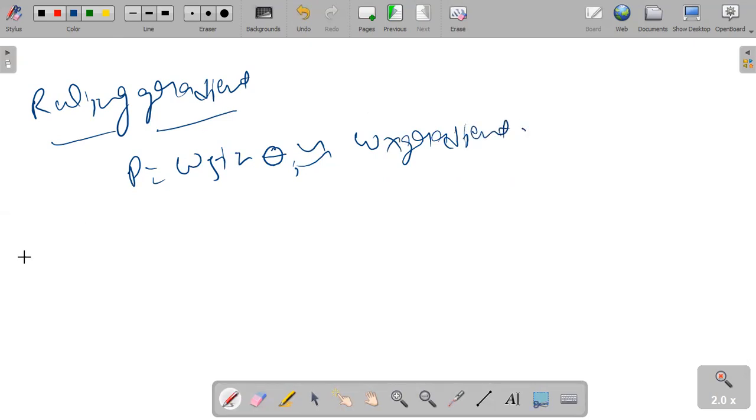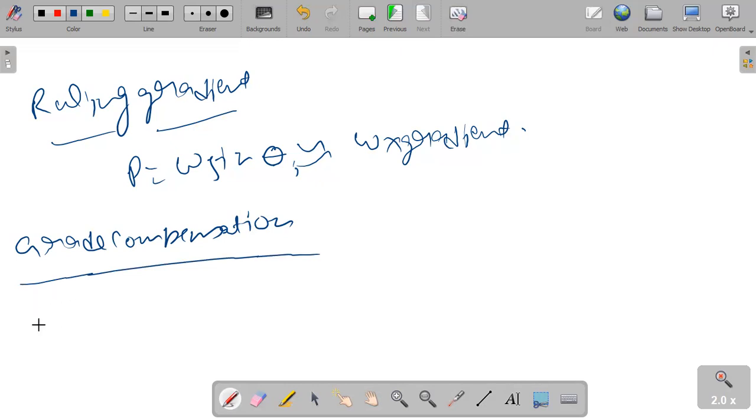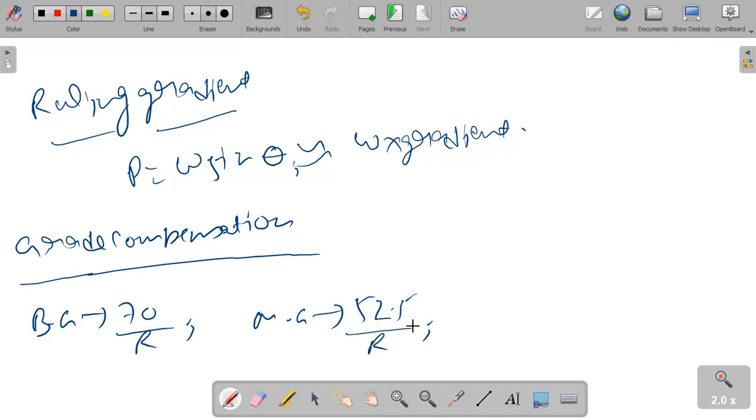For grade compensation, broad gauge has 70 by r, meter gauge 52.5 by r, and narrow gauge 35 by r.